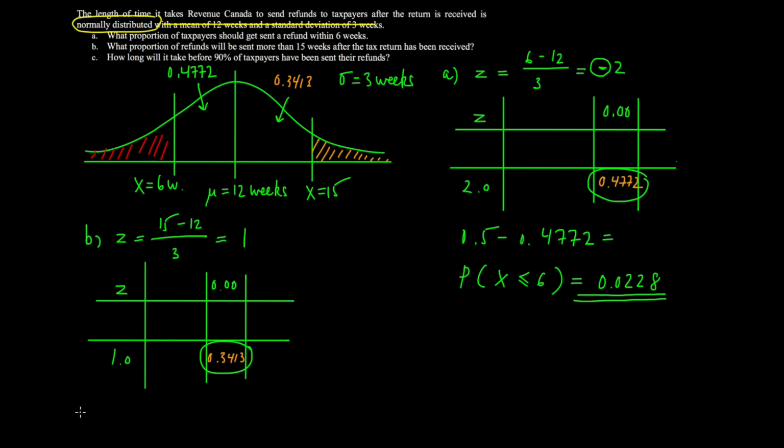No. Very important. We're trying to isolate for the tail. So x being greater than or equal to 15 weeks is equal to 0.5 minus 0.3413, which is equal to 0.1587. And so that's the probability that taxpayers will receive their refunds in more than 15 weeks. Okay, so after 15 weeks have passed.